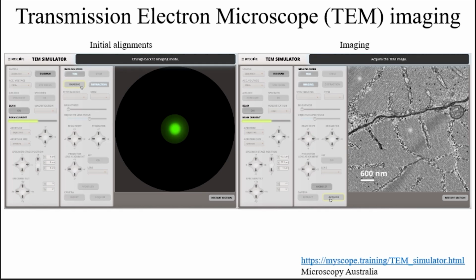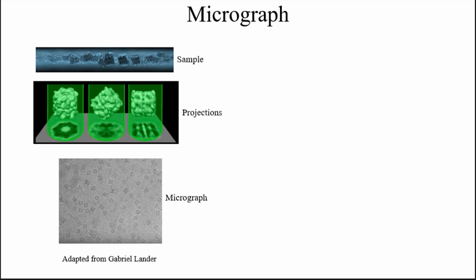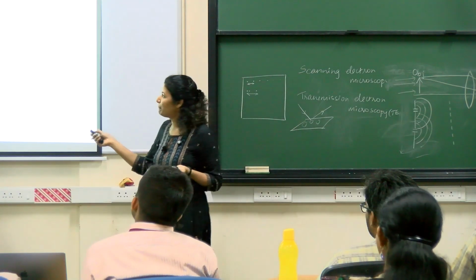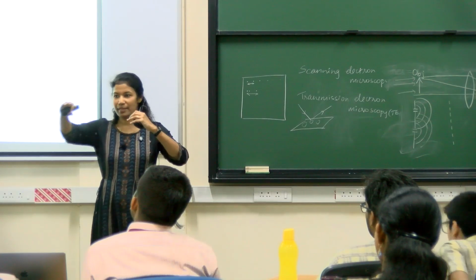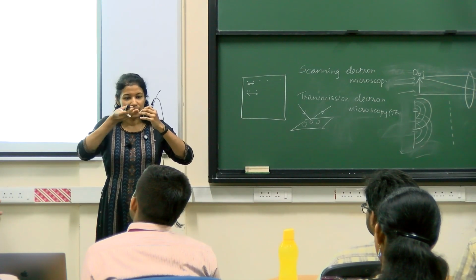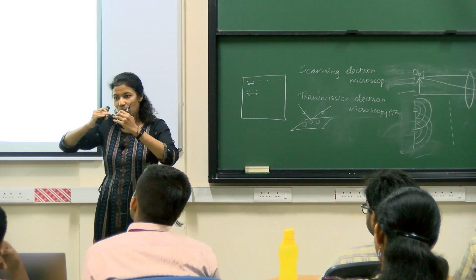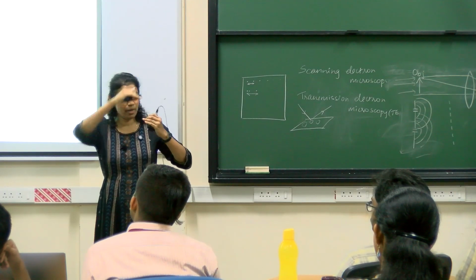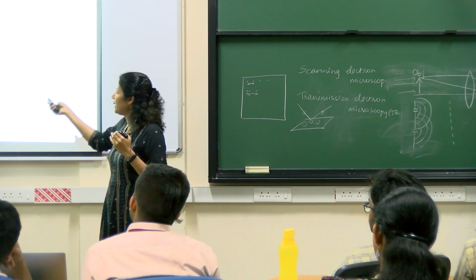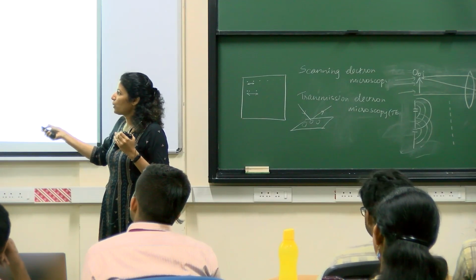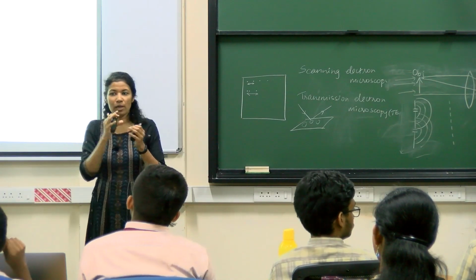So I'll show you some real images. This is a little complex, but I'll explain it to you all. Imagine the grid that I mount: the sample is in those holes, suspended in the hole, and there is interaction of the electron beam from the top.